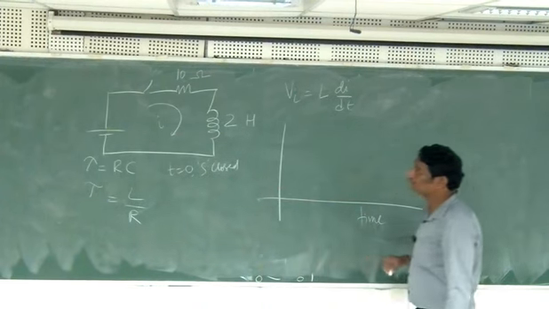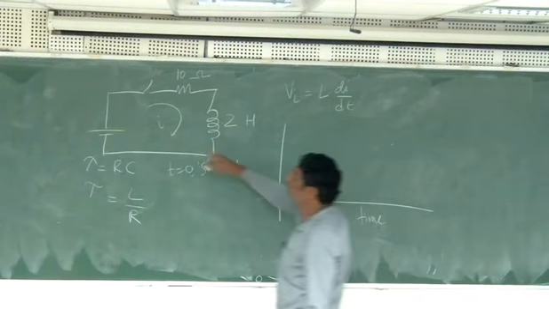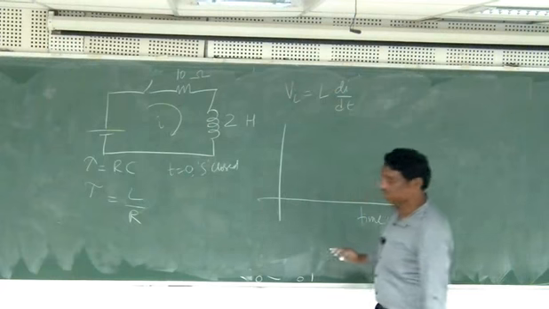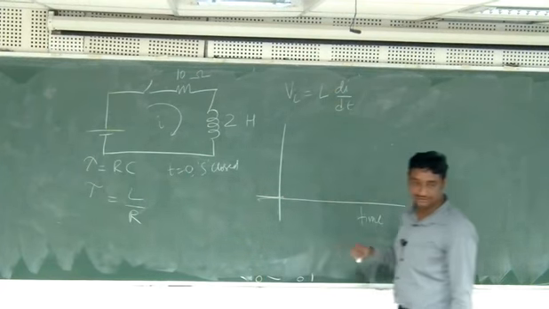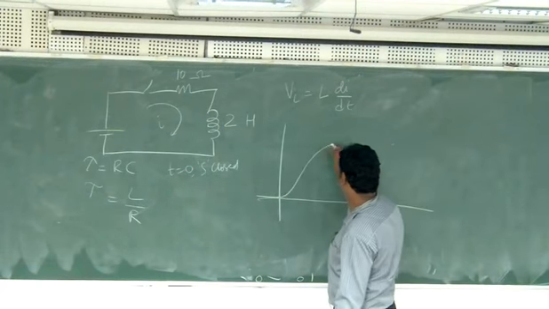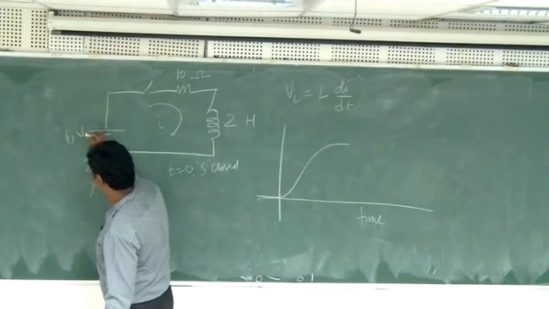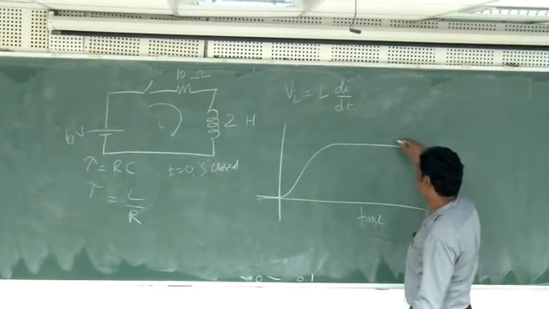Okay, what happens then? At t equal to 0, if you close the switch, what will be the current? The current will remain 0 and then goes on to increase to what value? Let's say this is 6 volts, V by R, 6 by 10, 0.6 amperes.